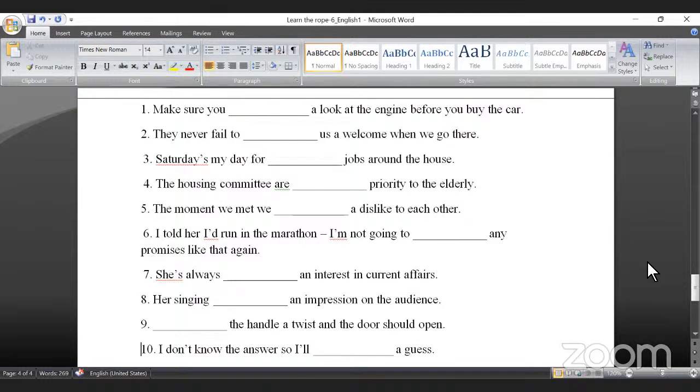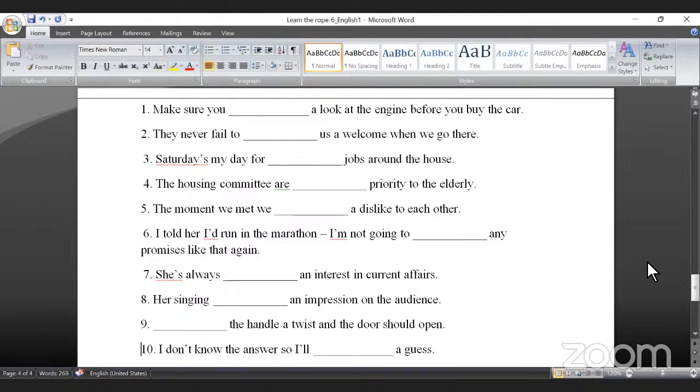Or alternatively, you can also say she has always taken an interest in current affairs, because take and have can go hand in hand. One is the US variety, one the British variety. That's all, but both are correct. She has always had an interest, or she has always taken an interest in current affairs.